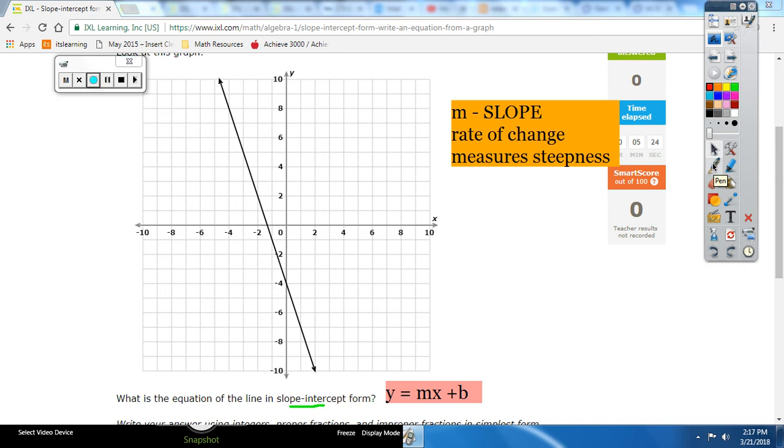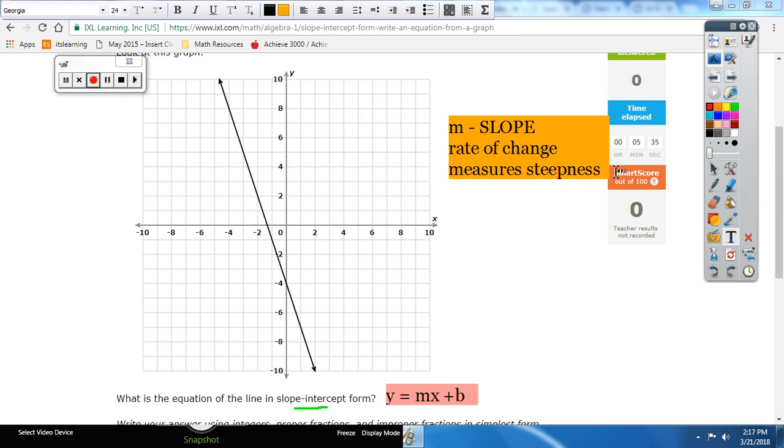Slope is going to tell you about this line. Slope is the same thing that happens every single time. It's what makes the graph move. It tells me specific things about how the line moves. It tells me how to move.